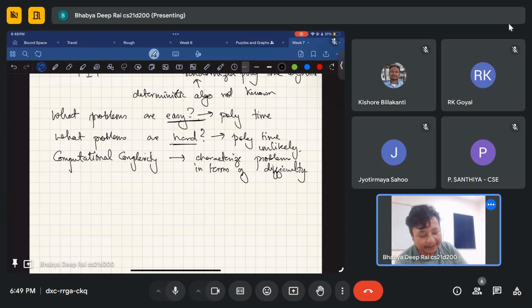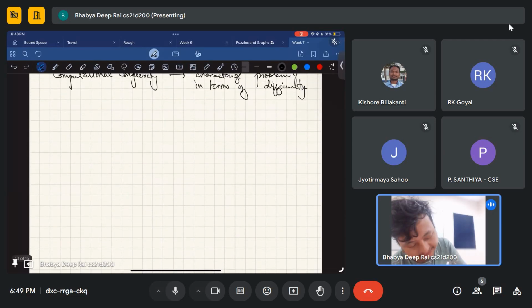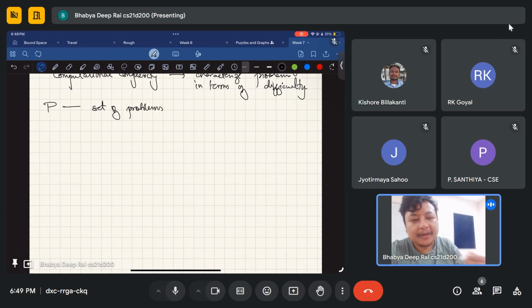So now we define a few notions, for example P, which is a class of problems. If you've done formal languages and automata theory courses, then you can also call it languages. They are equivalent.